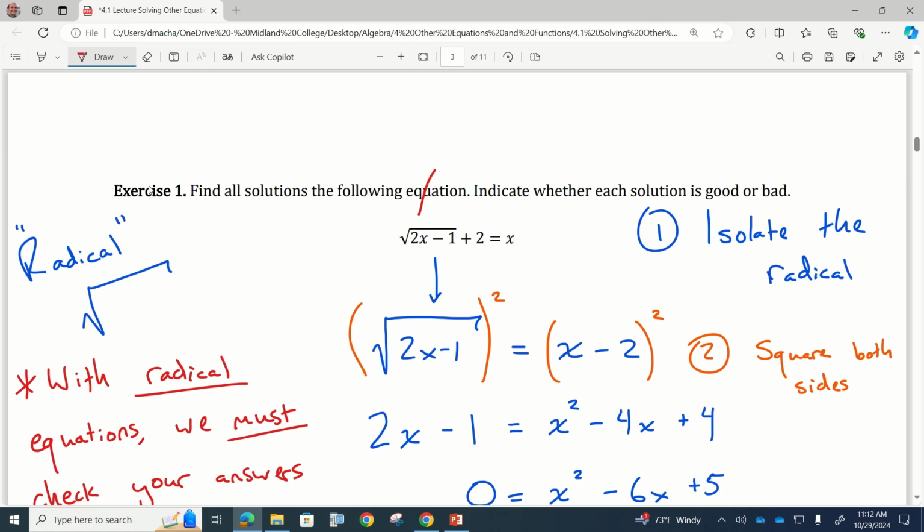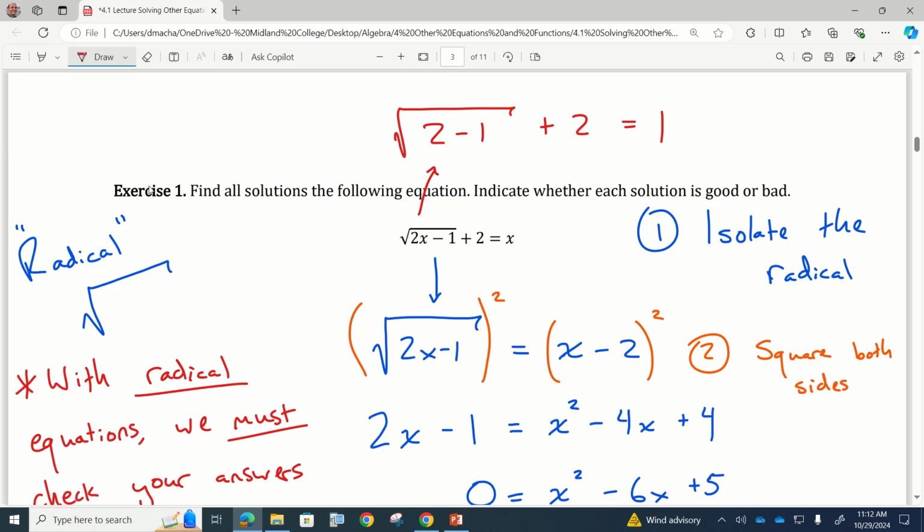What happens if I plug in x equals 1? This would be the square root of 2 times 1 minus 1, right? Plus 2 equals 1. I just plugged in the solution x equals 1 to see if it was going to work. But is that going to work?